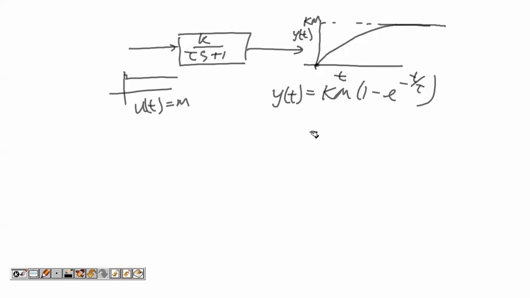Just imagine if I divide y(t) by km, then the new steady state is at 1.